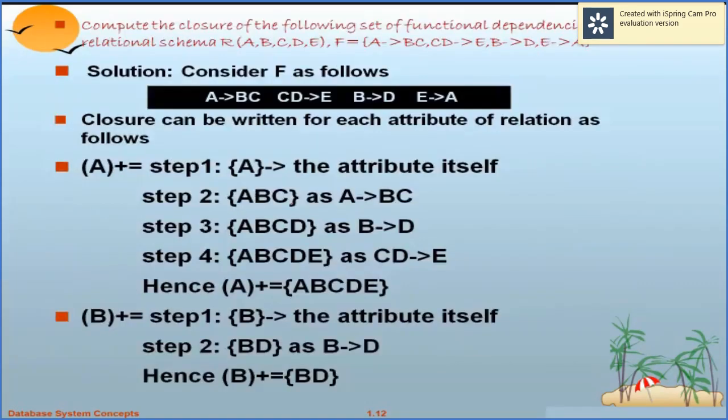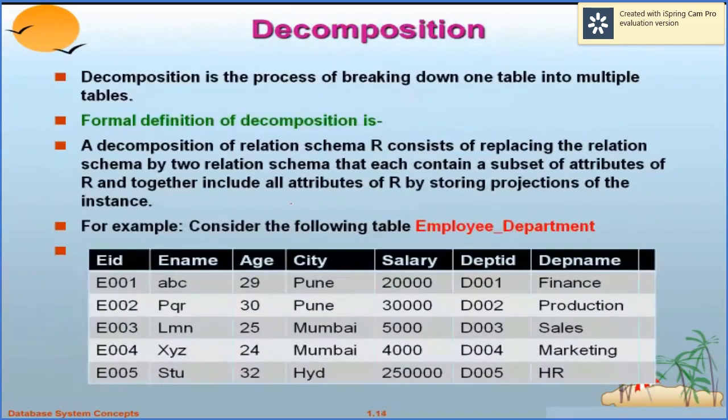Let's move further. The next aspect of this unit is the decomposition concept. Again, a very important aspect. The name itself says decomposition. That means you are trying to break your huge table into multiple tables. Can you guess the need for breaking a huge table into multiple tables? Simple.